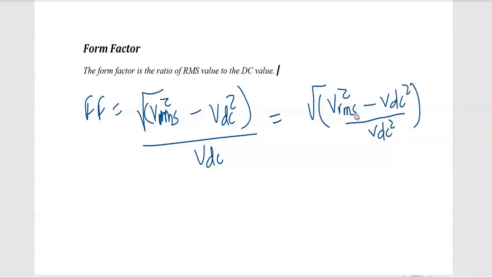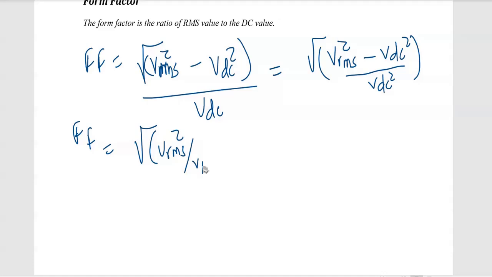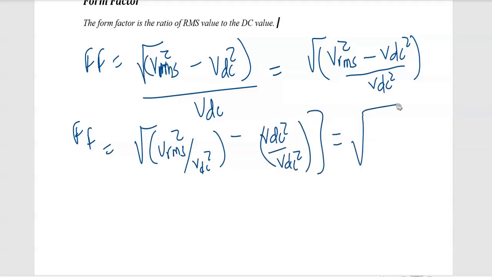I can say the form factor is the square root of VRMS squared over VDC squared, minus VDC squared over VDC squared. This is the same as the square root of (VRMS divided by VDC) squared minus 1.